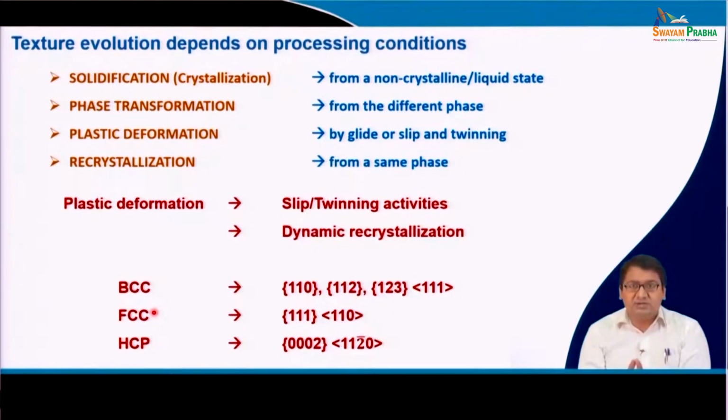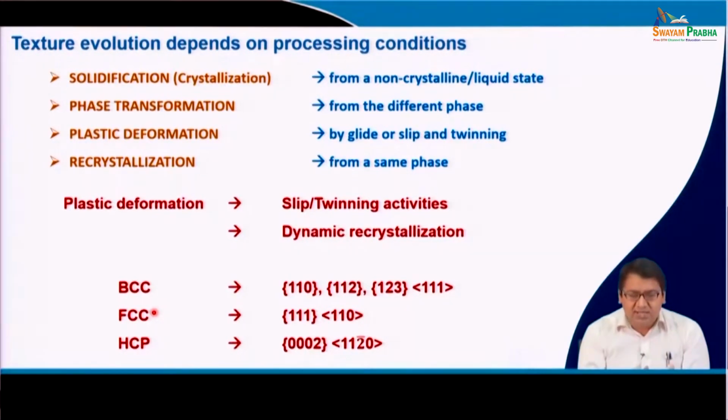The FCC materials also have different stacking fault energies of the 111 slip plane, and this stacking fault energy difference depends upon which material it is. For example, aluminum has a high stacking fault energy of 200 millijoules per meter square. Copper has a medium stacking fault energy of about 60 millijoules per meter square, and brass has a low stacking fault energy of 20 millijoules per meter square.